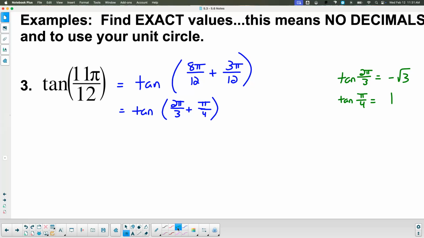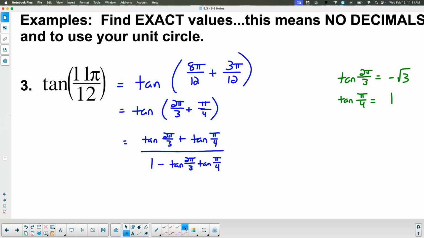The formula says tangent of 2 pi over 3 plus the tangent of pi over 4, all over 1 minus the tangent of 2 pi over 3 times the tangent of pi over 4.